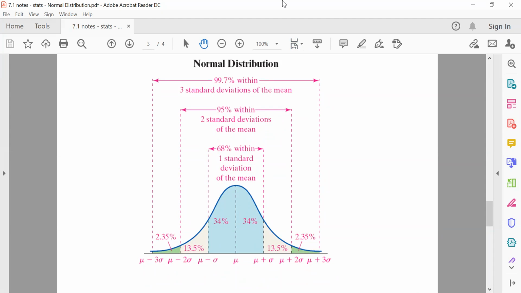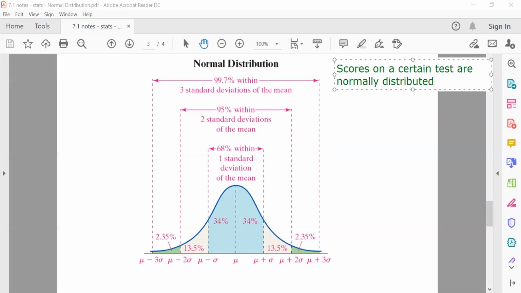So now let's try ourselves an example problem. Let's say scores on a certain test are normally distributed, meaning we can use this normal probability curve in order to model the scores.